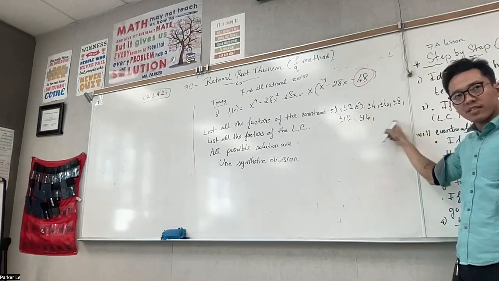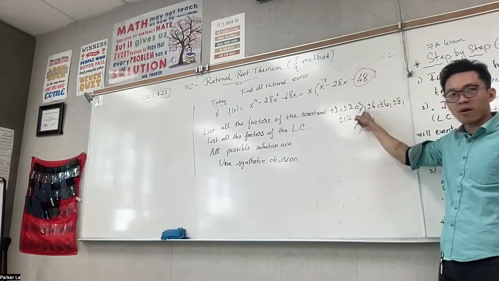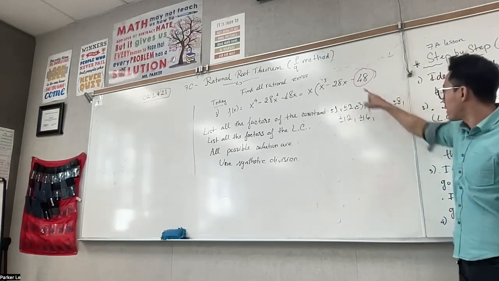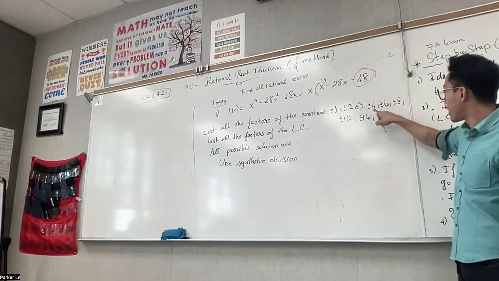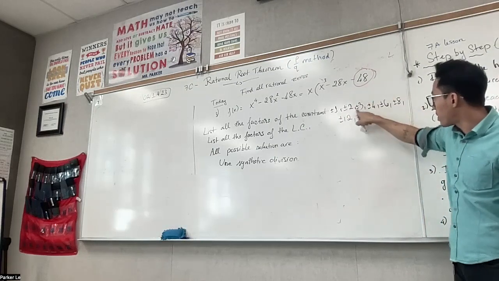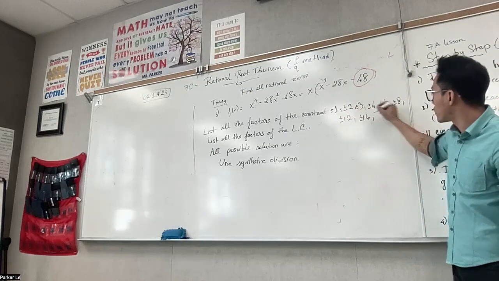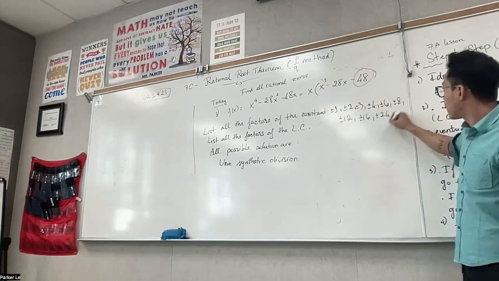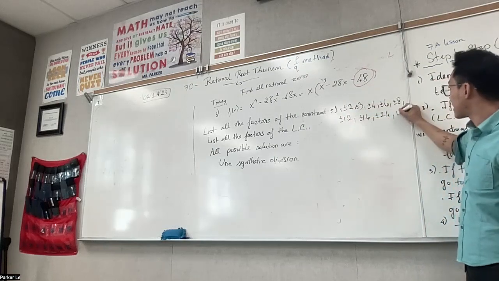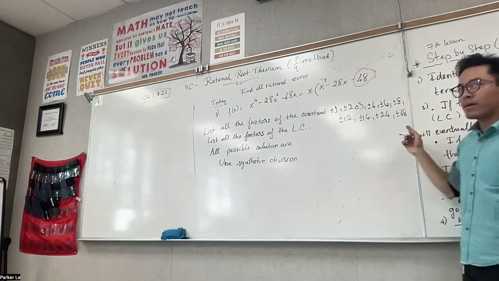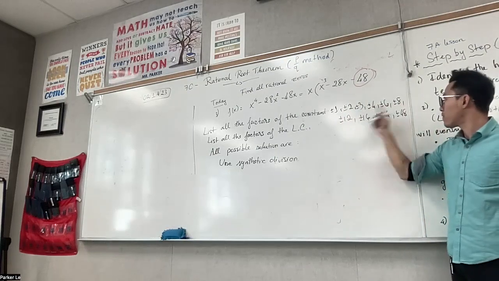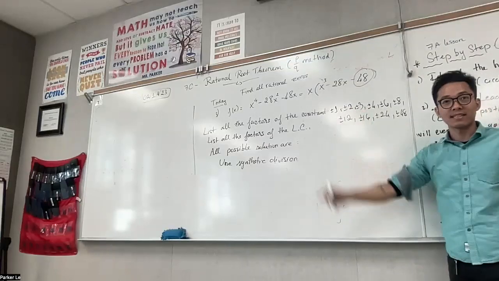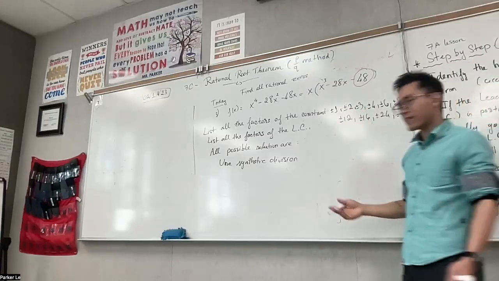If you want to figure out the other number, you divide by the small number. 48 divided by 6 is 8, 48 divided by 3 is 16, 48 divided by 2 is 24, 48 divided by 4 is 12. Yes, I think that's it. So how many do you have? 1, 2, 3, 4, 5, 6, 7, 8, 9, 10. Good luck.